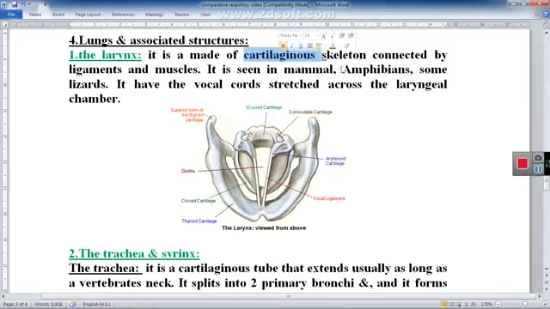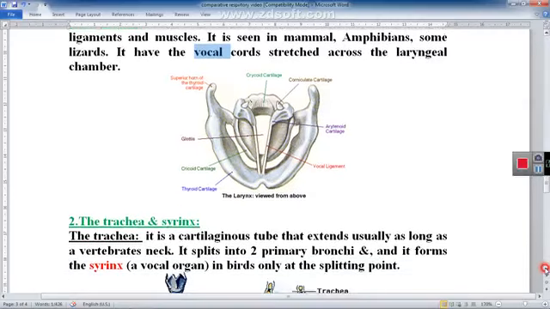It is not only seen in mammals, it may be seen in some amphibia and lizards, and the larynx contains the vocal cords that stretch across the chamber and thus produce sounds in these vertebrates.